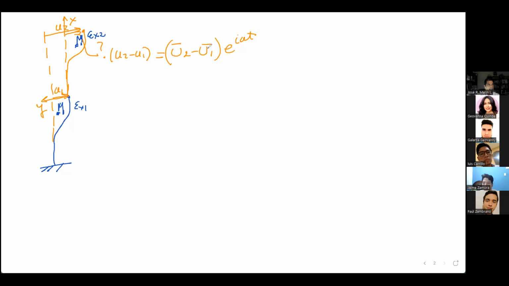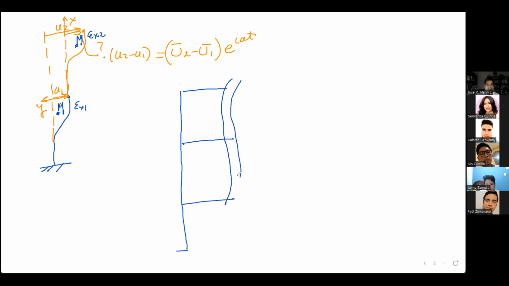But in the experiment, we have one under the EX1. Yeah, but you tell me what it is. I think it will be 0 because the base is clamped. No. Remember, every time you have a clamped end, you have very large strain.